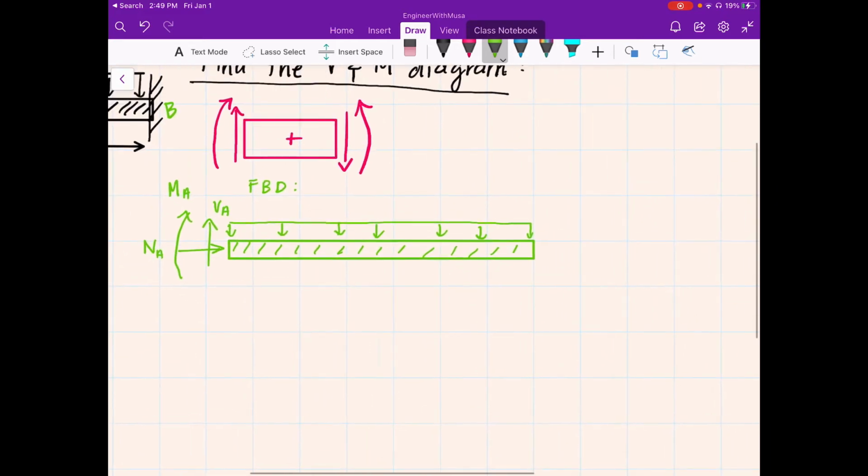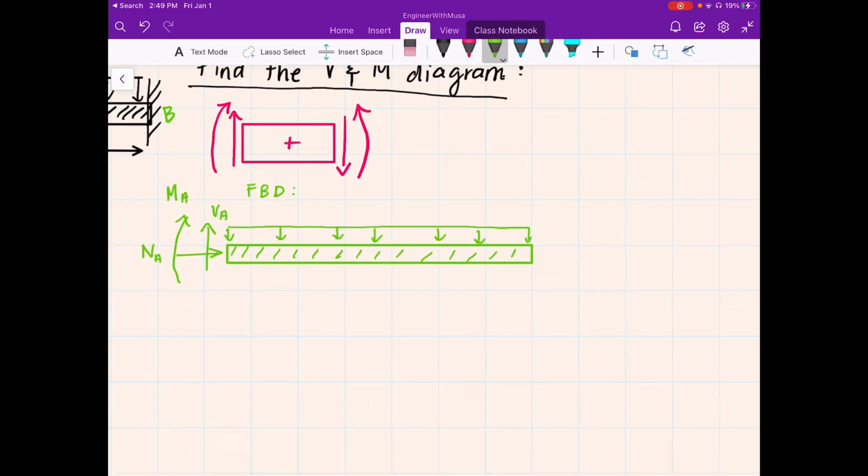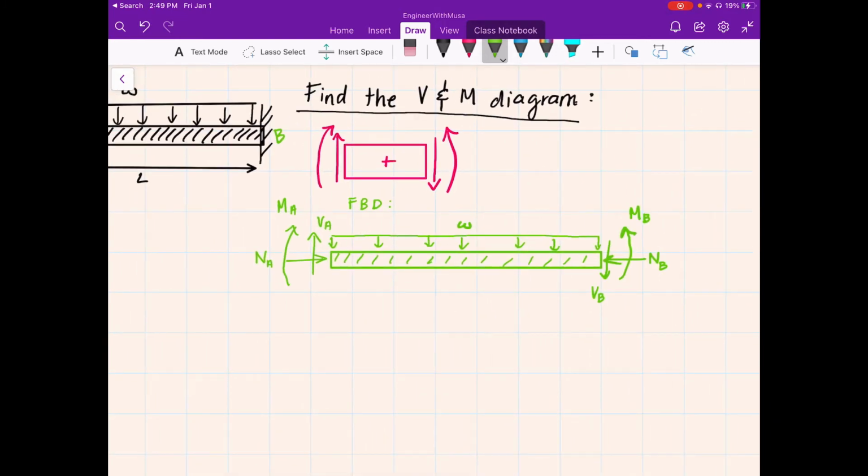We're going to use positive sign convention, so on this side we're going to have VB, our normal force NB, and our moment MB. And we have our omega, and the length is L.